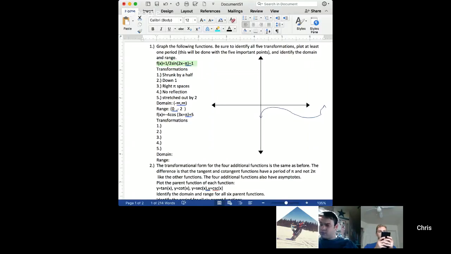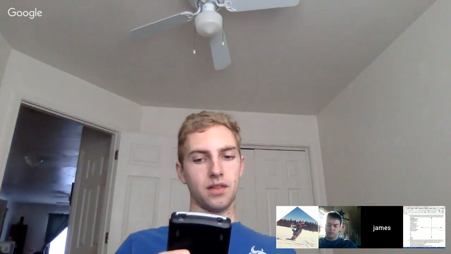Yeah, that's all it is. Can we just plug in some numbers for x and then plot them out, map them out, see what they come out to be? Okay, so I got it right here. Negative 1.5 to negative 0.5. So negative 1.5 to negative half.